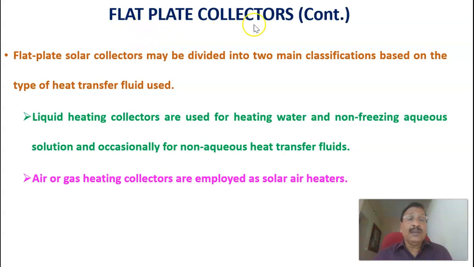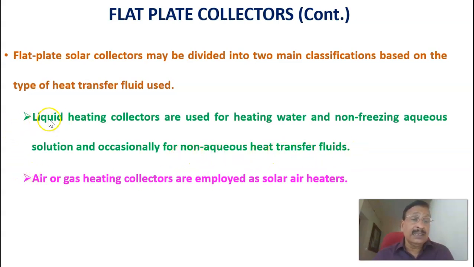Now, continuing with the flat plate collector, flat plate solar collectors may be divided into two main classifications based on the type of heat transfer fluid. Liquid heating collectors are used for heating water and non-freezing aqueous solutions, and occasionally non-aqueous heat transfer fluids.